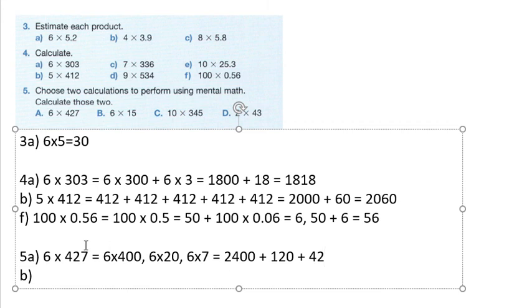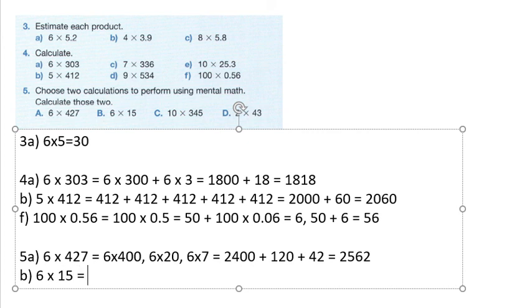So I decomposed my 6 times 427 into 6 times 400, and I added that to 6 times 20, and then add that to 6 times 7. So I can add these all up now. 2,400 plus 100 is 2,500. 2,500 plus 62 is 2,562.